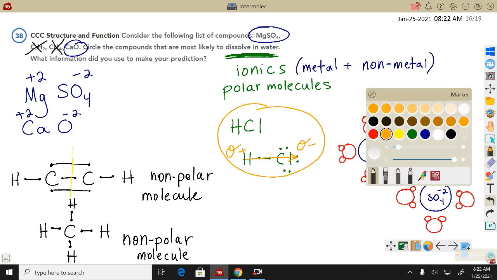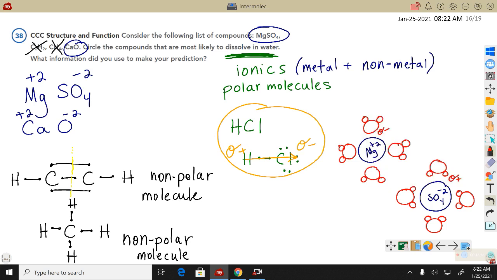So now if I drew in a little water molecule, it might align itself like this. And maybe there'd be another one kind of down here. Maybe there'd be another one up here. Yeah, water molecules are going to be attracted to that chlorine. Same thing on the other end with the hydrogen.